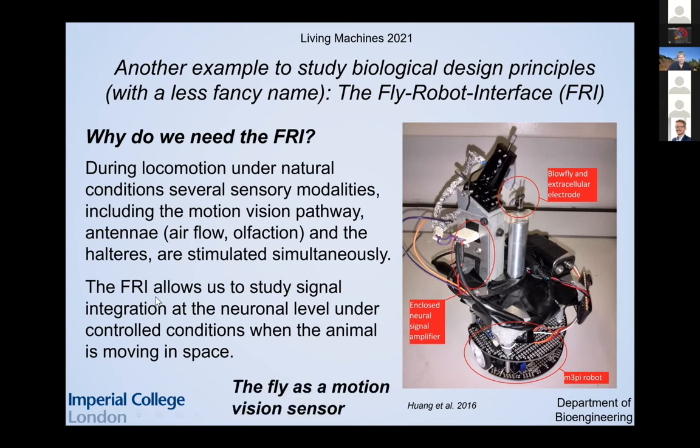That's the one here, where you use the fly robotic interface to study signal integration across different modalities and see how it all fits together when the animal is experiencing stimulation of their antennae by airflow or olfaction, we saw that earlier, or when the halteres, the gyroscopic sense organ, are experiencing angular velocities, and the visual system obviously is sensing optic flow.